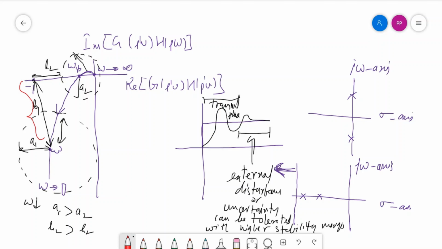So we understand that near steady state of the system, the external disturbance can be tolerated with better stability parameter.